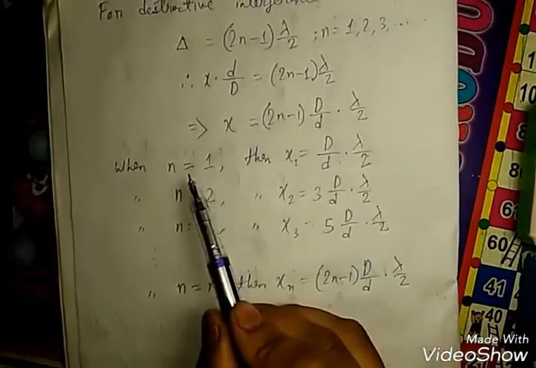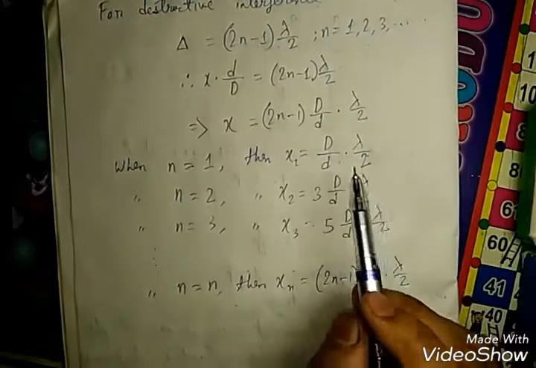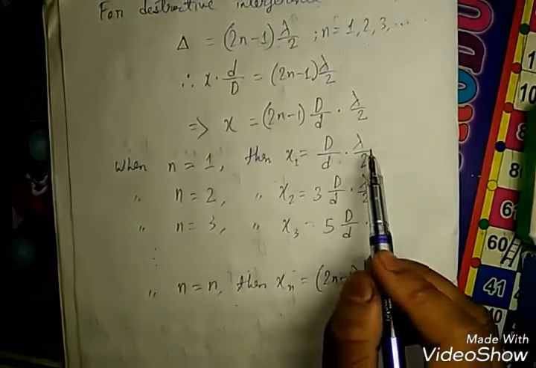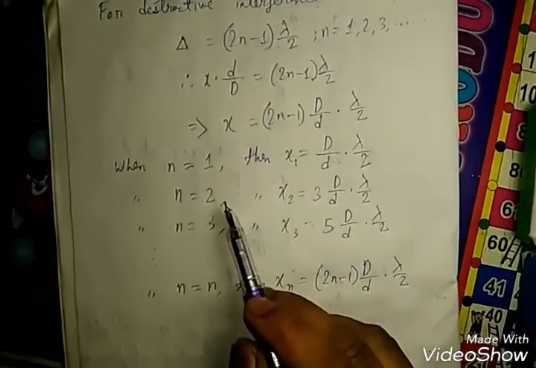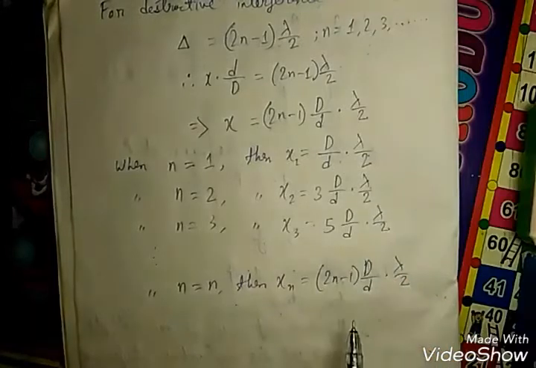Now here for n is equal to 1, we get the first dark fringe. It is not a bright fringe, but it is a dark fringe. Then for n is equal to 2, we get the second dark fringe, and so on.